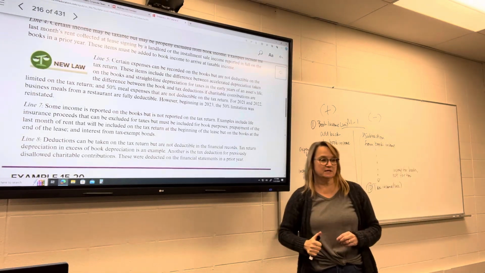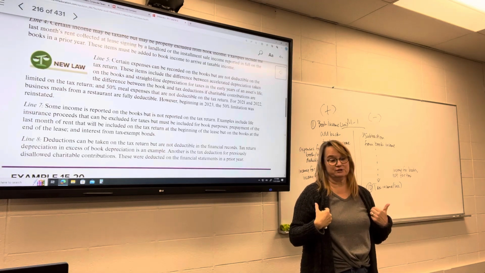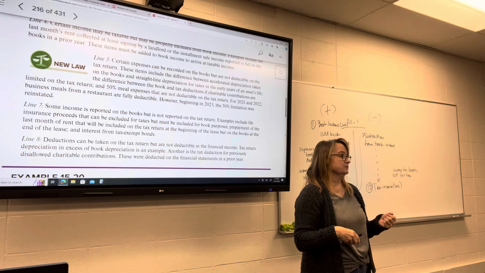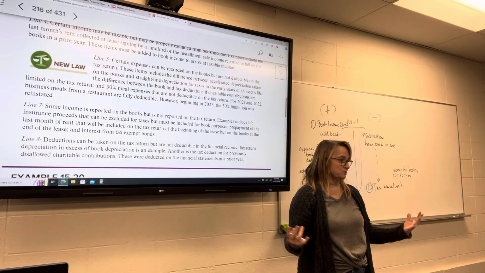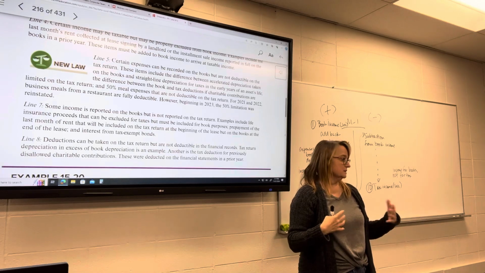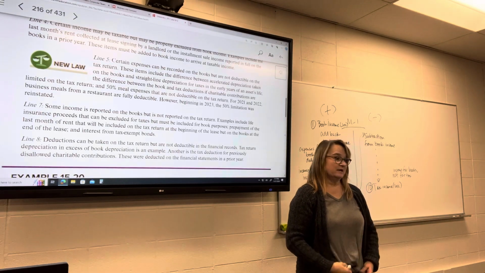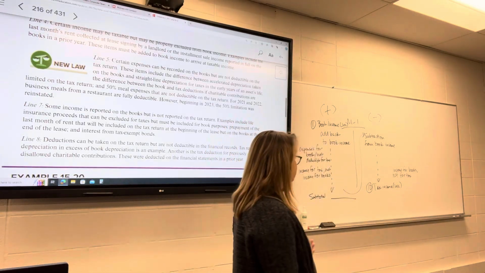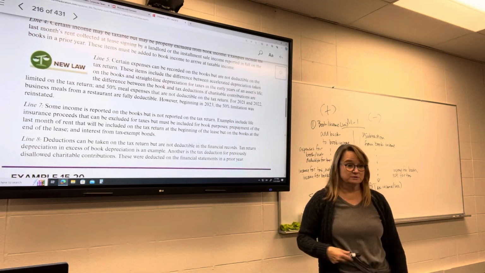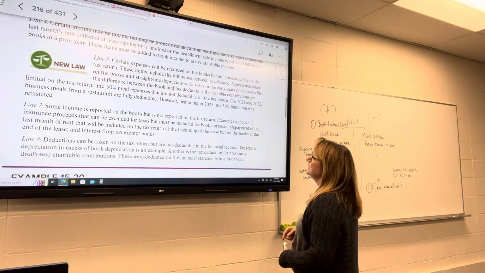This is where the company is the beneficiary of the life insurance policy. So if the company received life insurance benefits, maybe one of their executives passed away or something like that, life insurance benefits are not taxable. They're not taxable to individuals, they're not taxable to anybody. So those proceeds are not taxable, but it would be included on the books as income that came in, right?